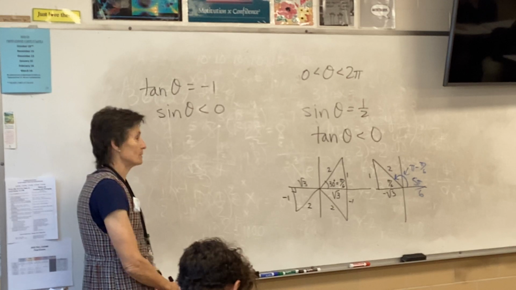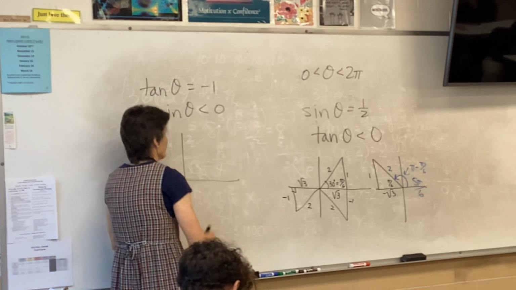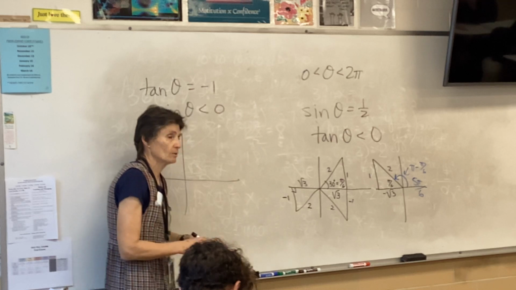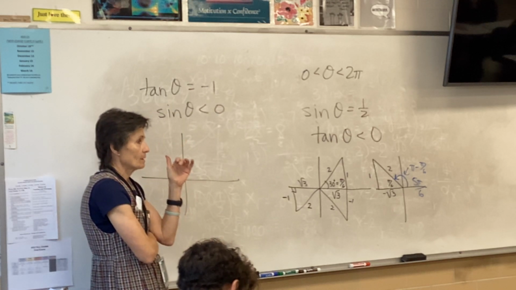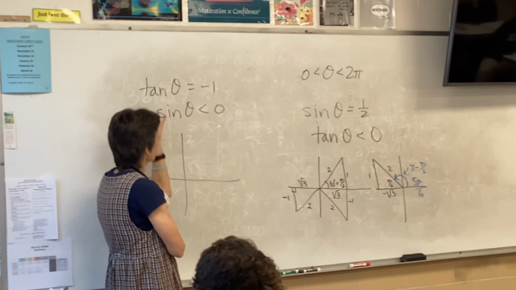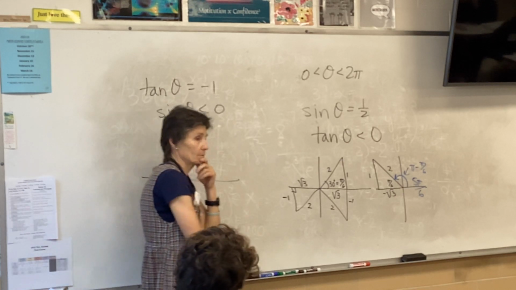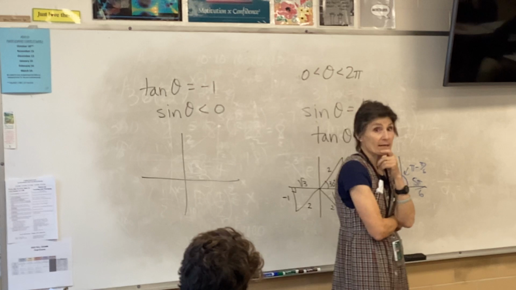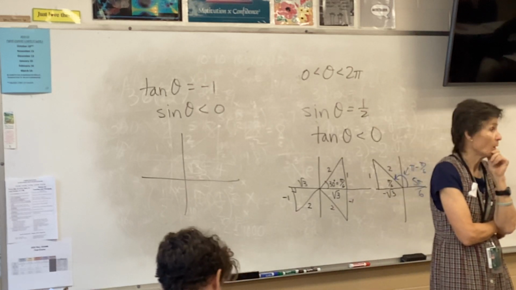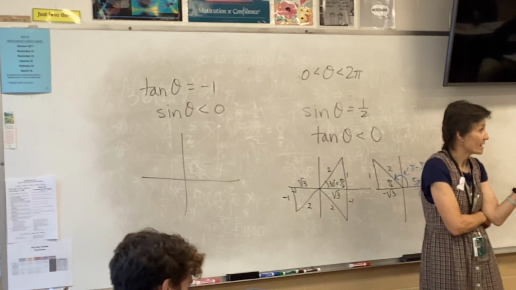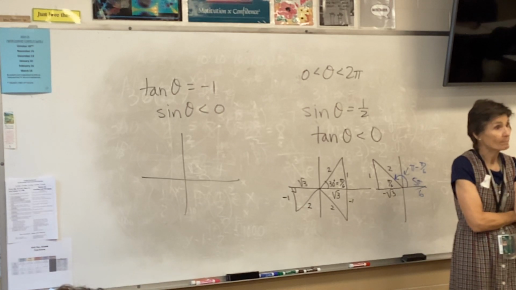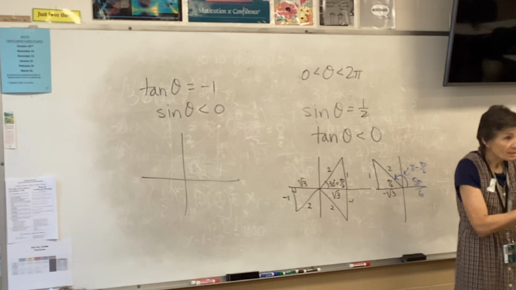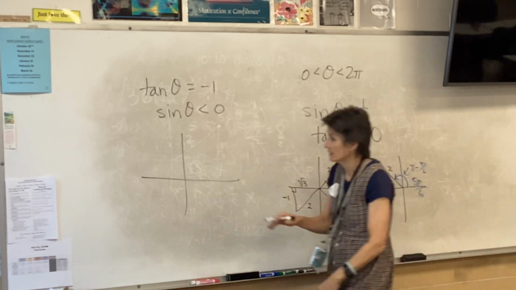Let's think about, before I start drawing a bunch of triangles, where would that happen? Well, first of all, where's the sine negative? Sine is y. So its sign is negative in quadrant 4, and it's also negative in quadrant 3. Those are the only two places that sine is negative.